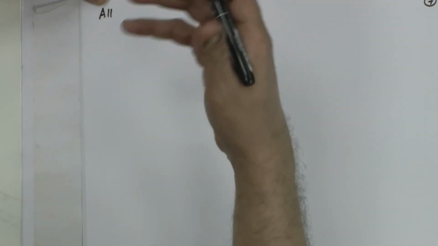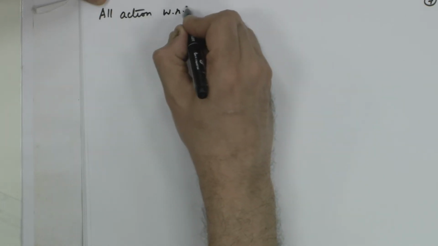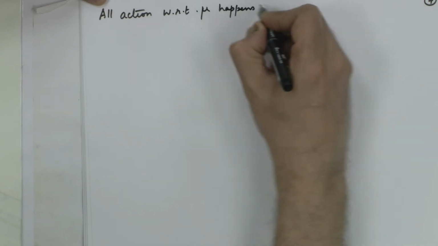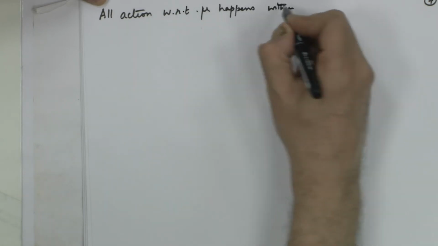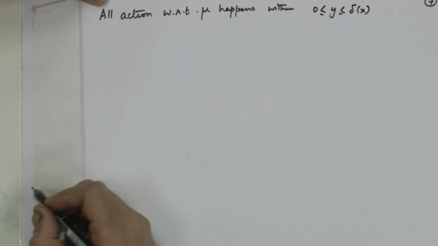All the action with respect to viscosity happens within that small region. So, I need to study that part only in detail, and the part beyond that is actually not so important as far as action is concerned.